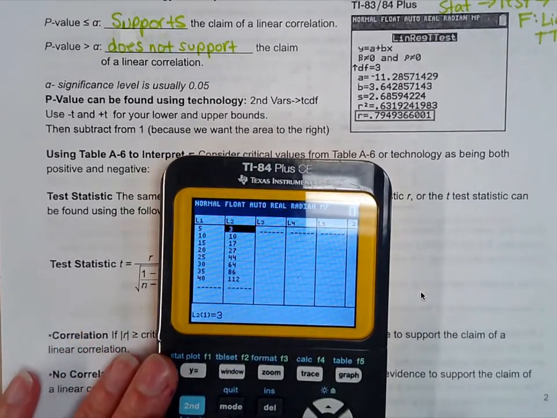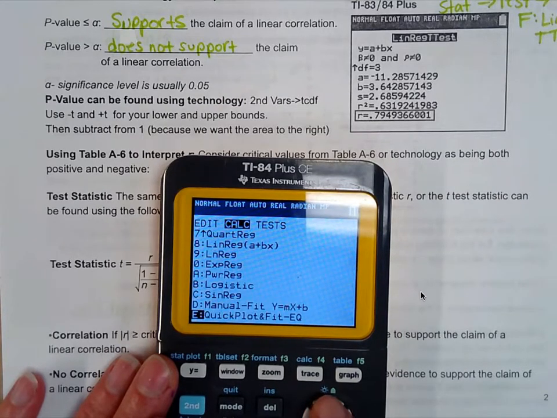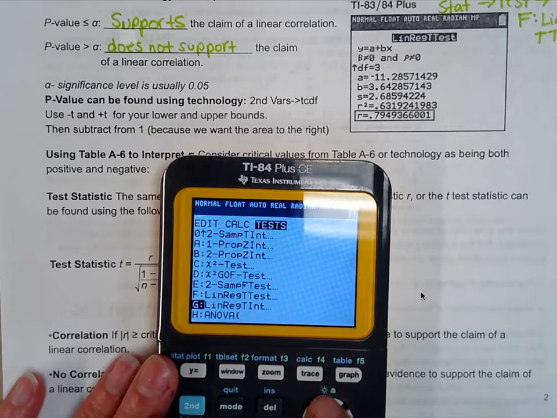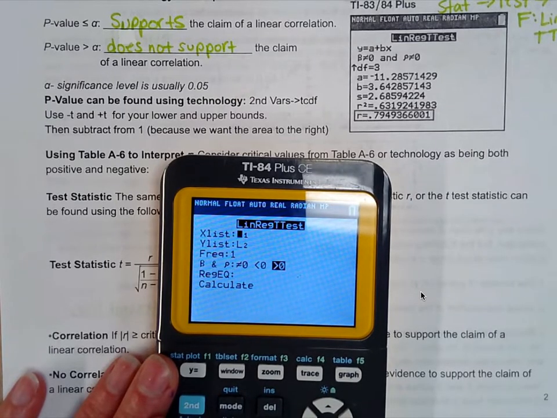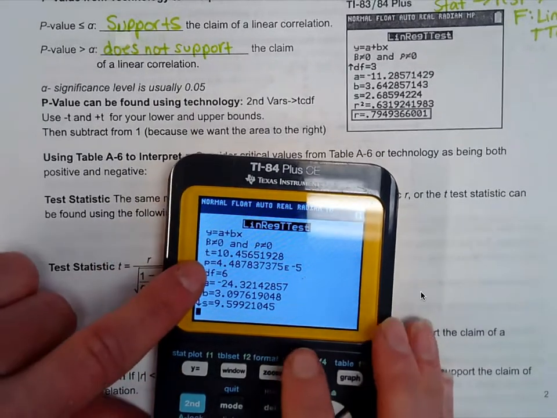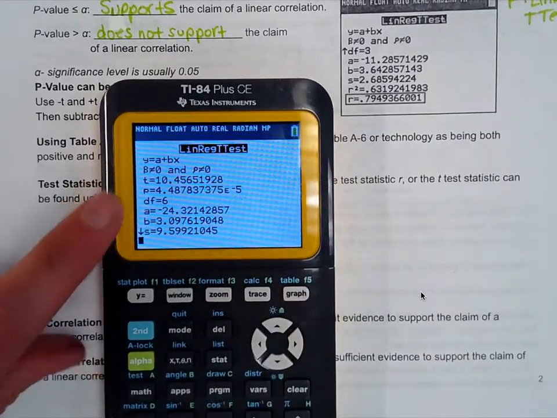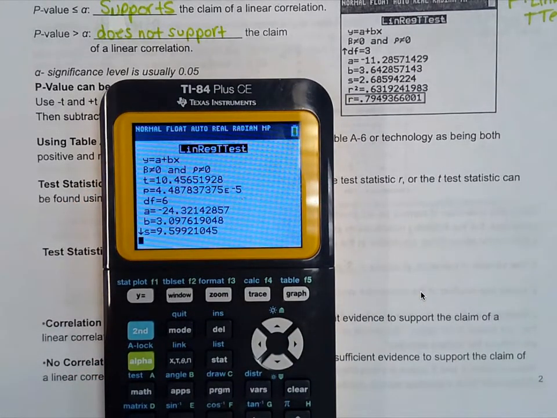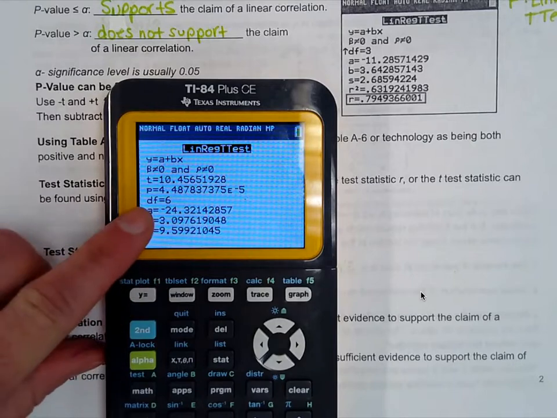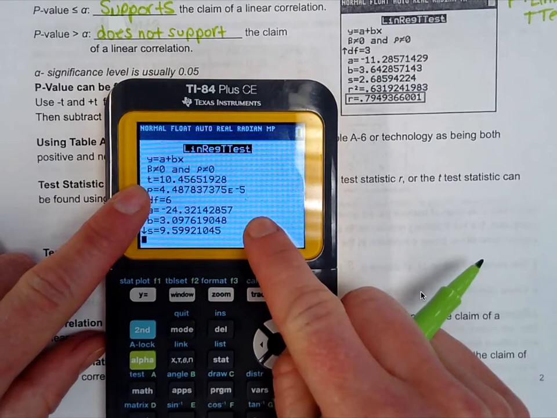Then I would go to stat, over to calc, and then over to test, linear regression t-test. Let's say I'm using the not equal to. It'll give me the t-value, which is 10.456.